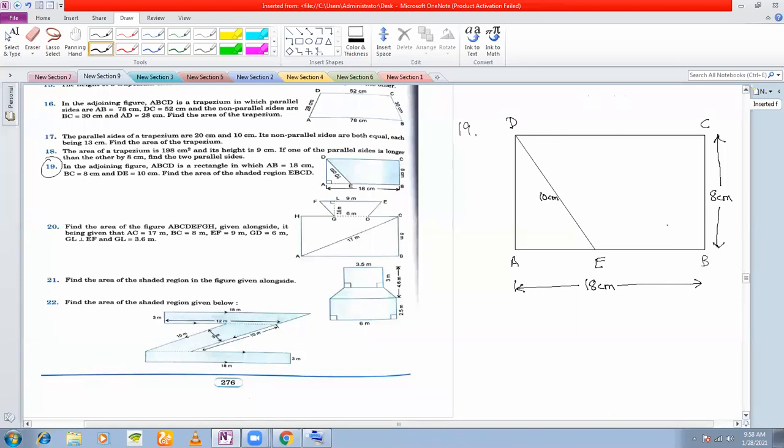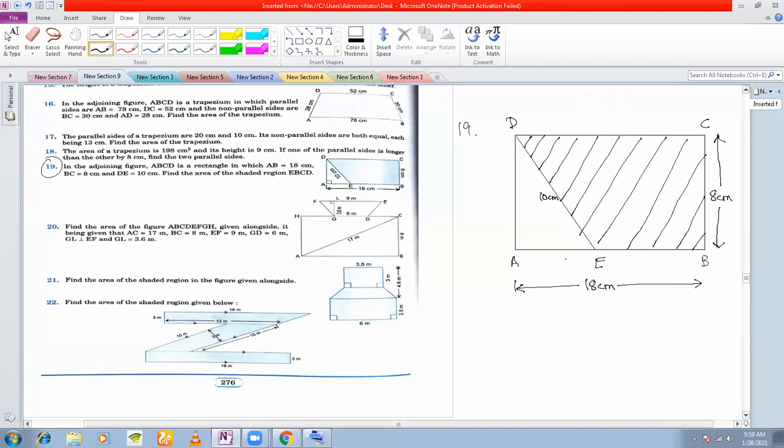Okay, this is the figure given, and the area that you need to find is this shaded area here. Okay, you need to find out this shaded area.